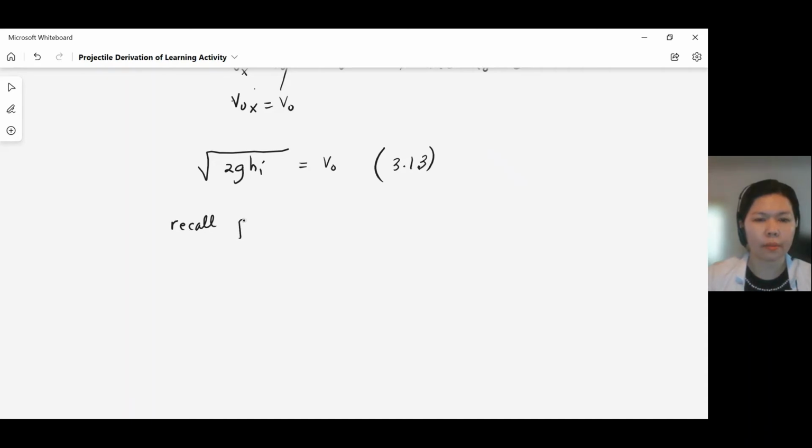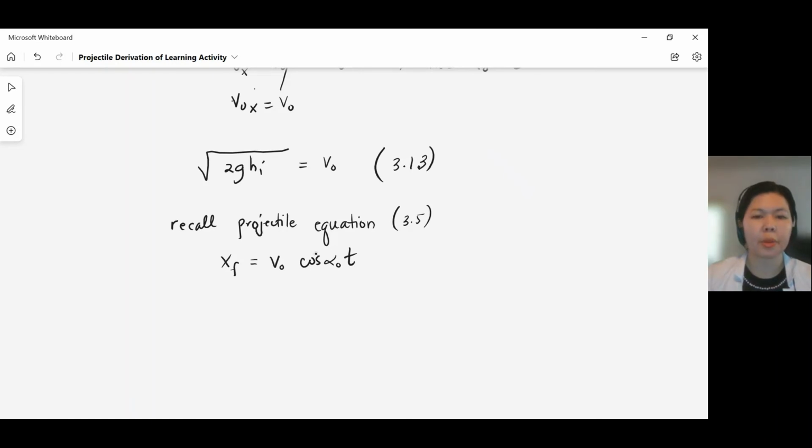Recall projectile equation 3.5. We have there XF is equal to horizontal distance. Final horizontal distance equals v naught cosine alpha naught t.